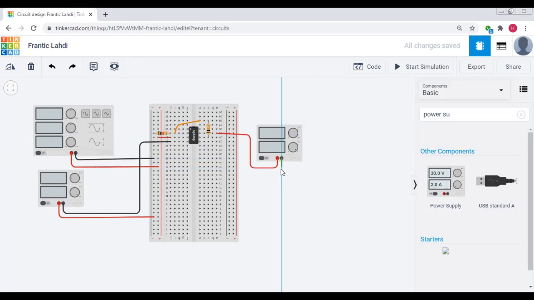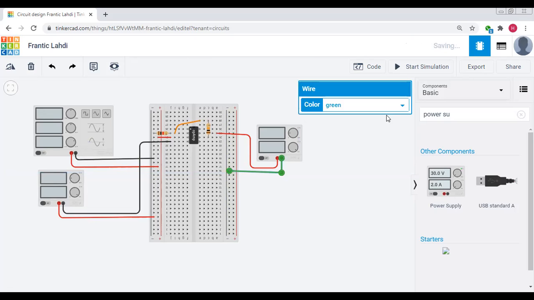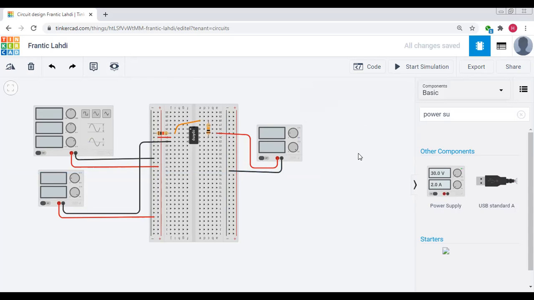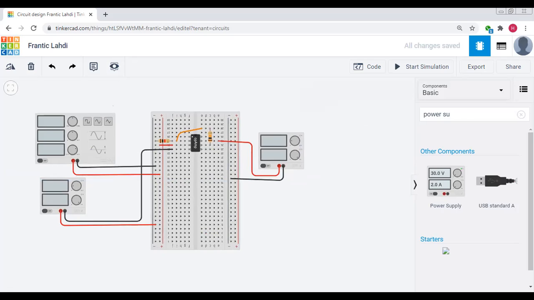And similarly, the negative power supply is connected to the negative layer of horizontally shorted slots, and we give the color black. So in this manner, the whole circuit arrangement is designed on the breadboard.